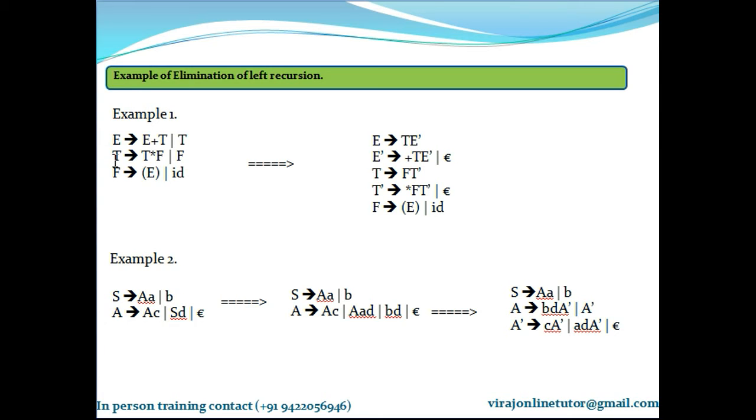So what's the formula? A gives beta A dash and A dash gives alpha A dash or epsilon. So T gives F T dash, T dash gives asterisk F T dash or epsilon. I'm just applying the formula, nothing big deal.